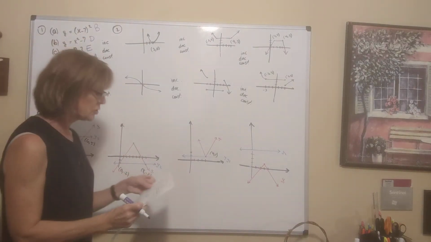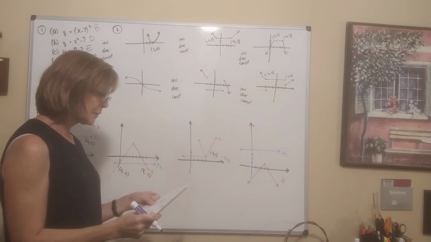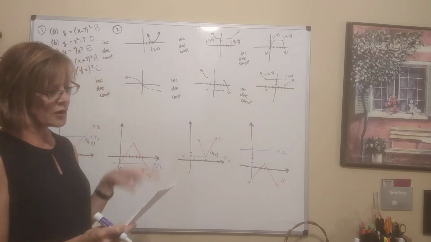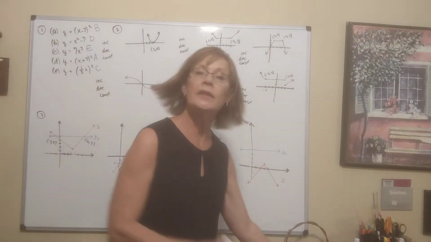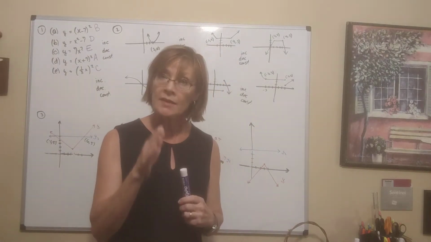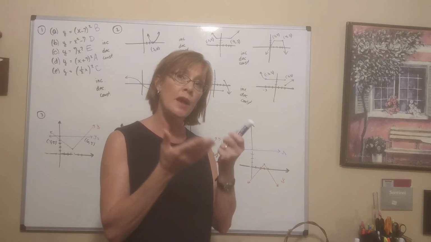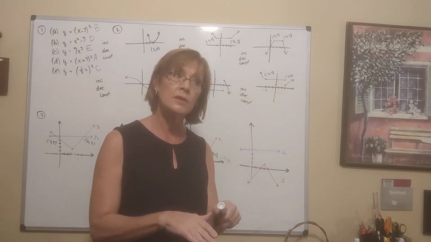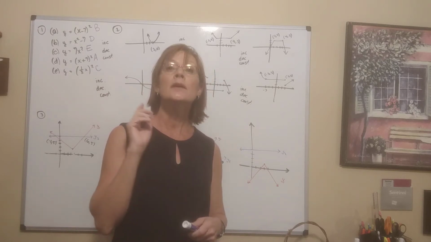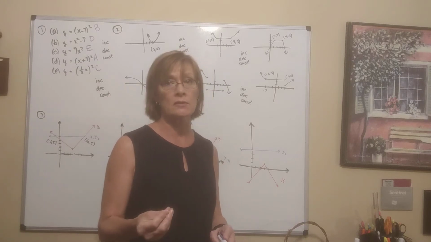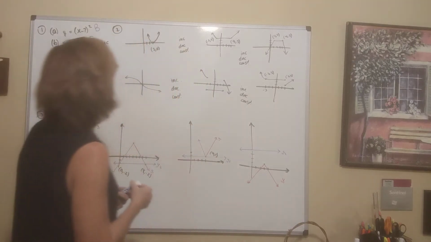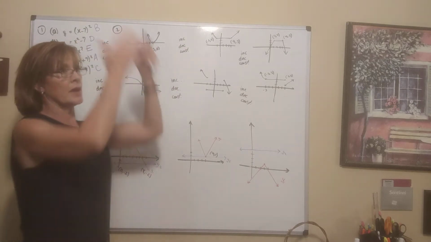Okay, for number two, we are supposed to determine the largest intervals over which the function is increasing, decreasing, or constant. Find the intervals or the X values where the function is going up, increasing, going down, decreasing, or staying the same. Notice that the answers that we will write down are only X values. We're only recording X values. So we're talking about whether it's going up or going down.